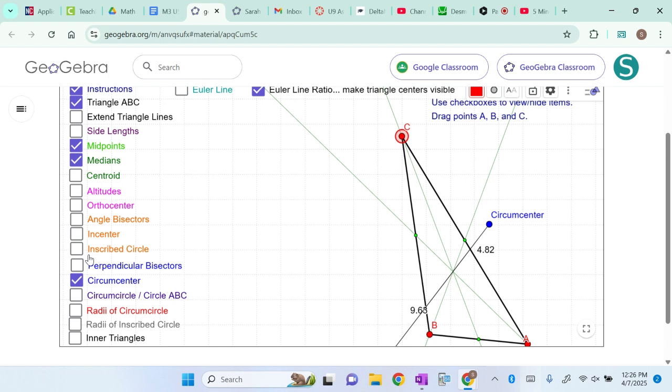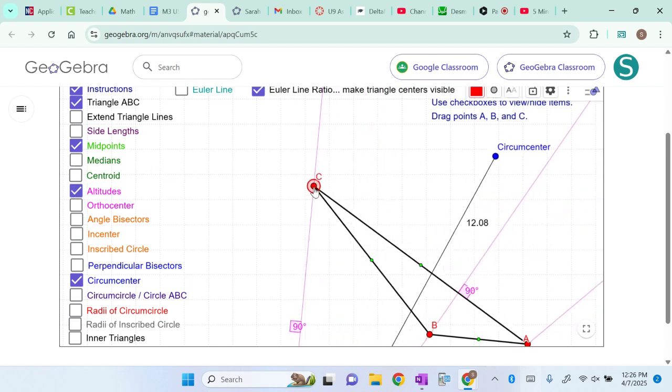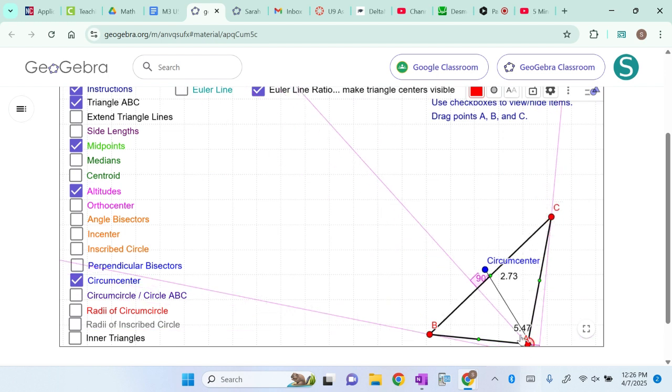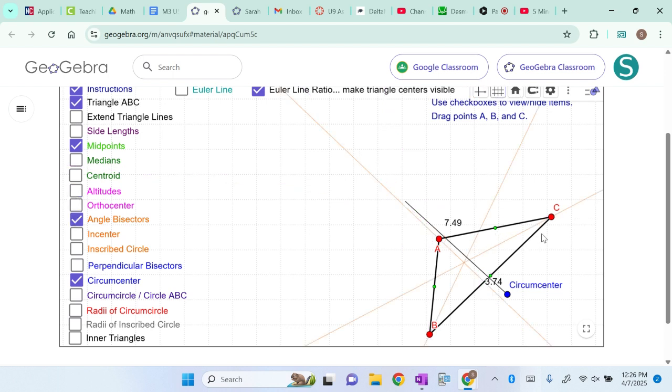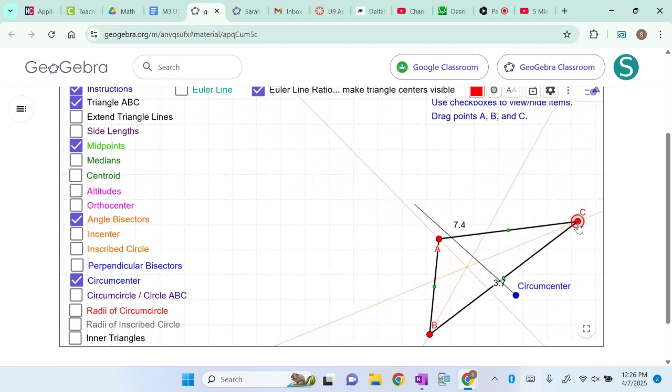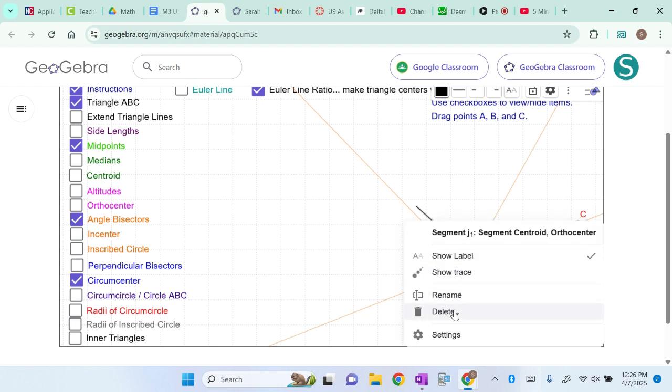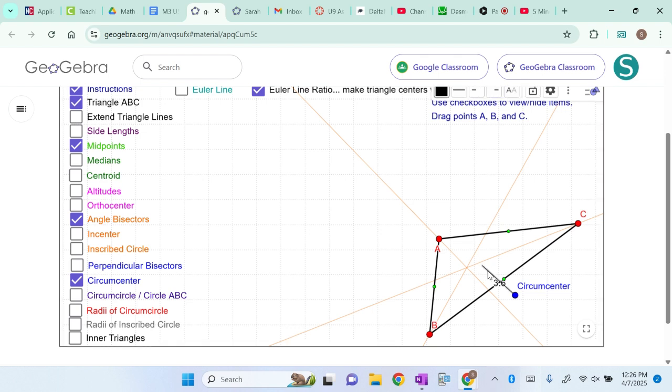No. What about the altitudes? Does it go through the circumcenter? Nope. What about the angle bisectors? Do they go through the circumcenter? Do the angle bisectors go through the circumcenter?